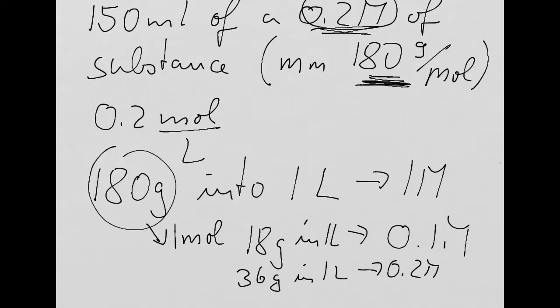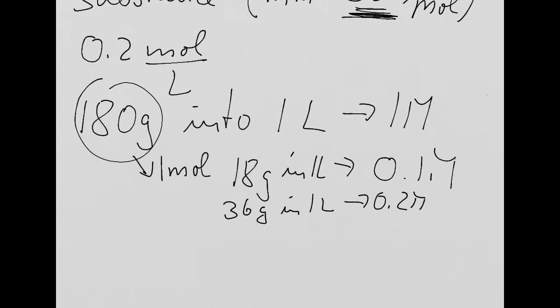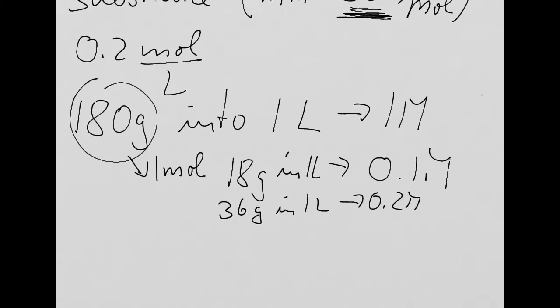Slight problem. I don't want a 1 liter amount. I want only 150 milliliters. So, if I take 36 grams in 1 liter, I get 0.2 molar. If I take 36, how much would I need to use if I want 0.2 molar, but instead of 1 liter, I want 100 milliliter?